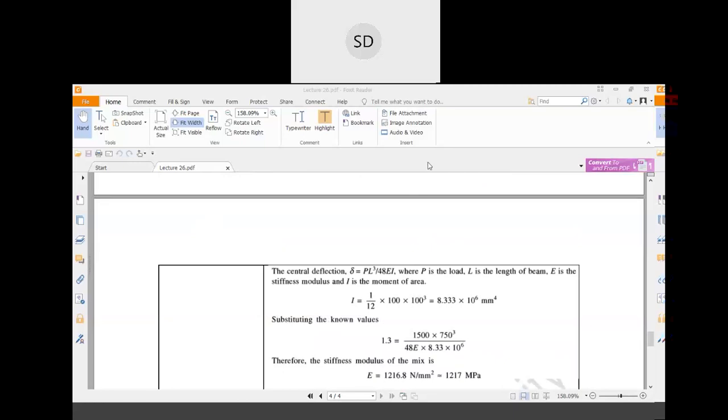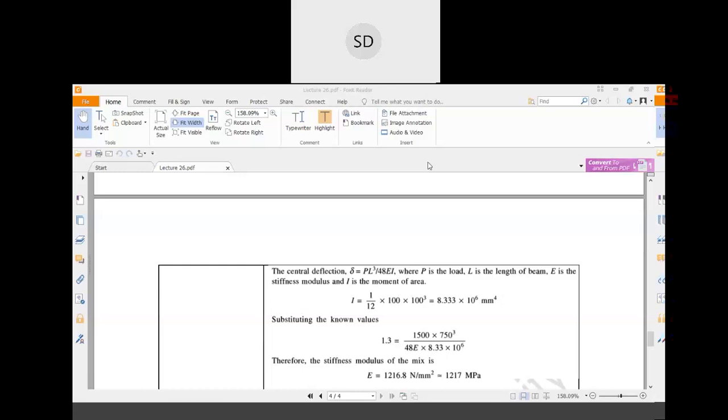First, you have to calculate the deflection. Now, for the point load in a simply supported beam, your deflection value delta is nothing but PL cube or WL cube by 48 EI, where P is the load, L is the length of the beam, E is the stiffness modulus. Okay, and in case of concrete, E is nothing but your Young modulus, and I is the moment of inertia.